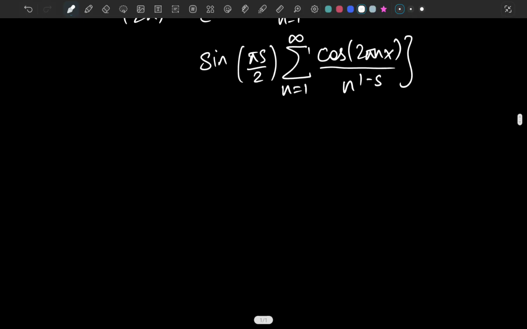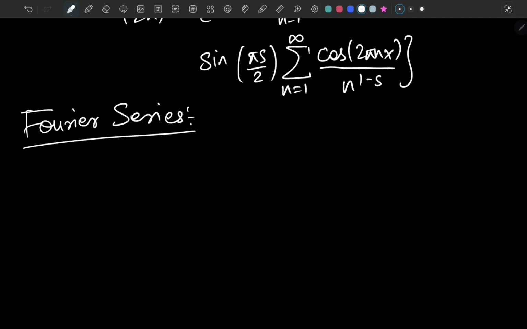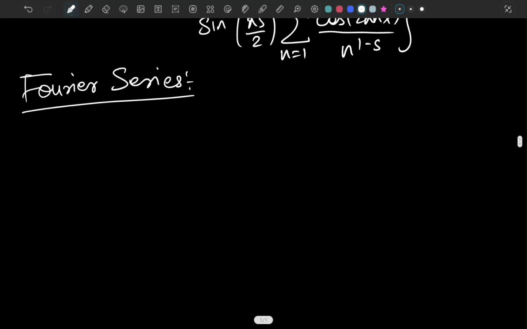Okay, so first of all, we are going to prove this with the help of Fourier series, and you must be familiar with that, so I don't need to explain it again. Basically, it's an infinite series representing a function in an interval.